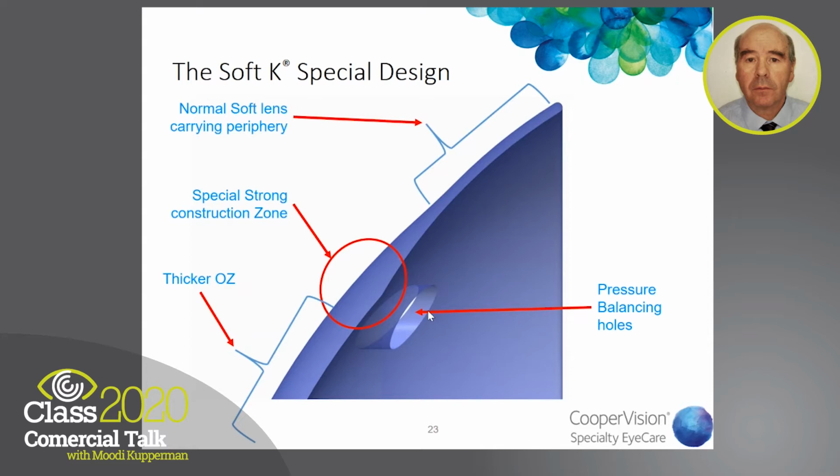In those few seconds, the vision became blurred. The moment we added the pressure balancing holes, it solved the problem and gave us some other advantages, as we will see in the next slides.